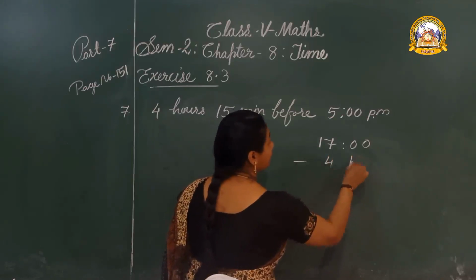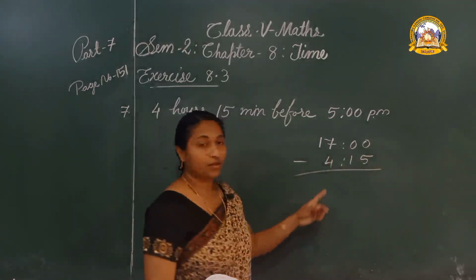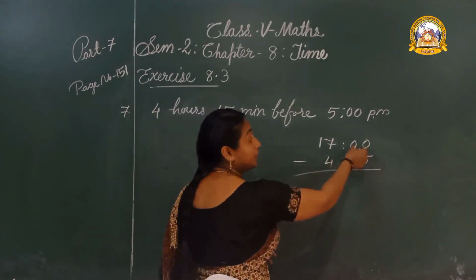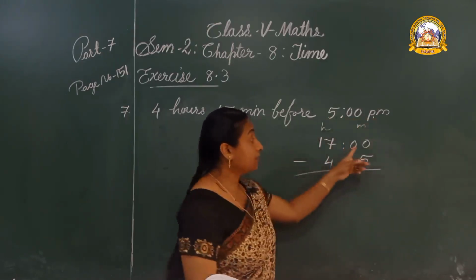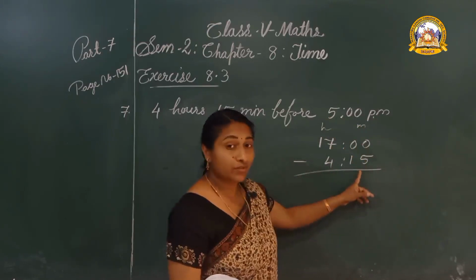Okay, hours column and minutes column. Here 0 minus 15, can we do? No. So what should we do?